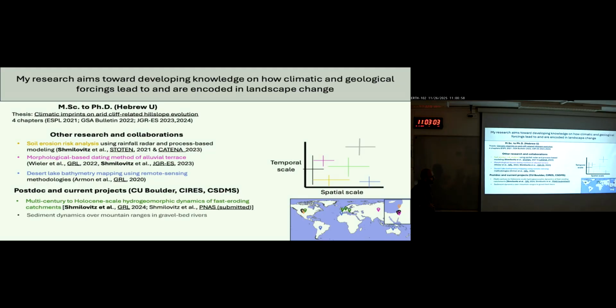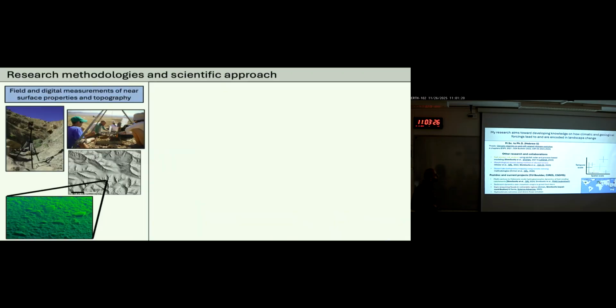And my two main postdoc projects cover fast-evolving landscapes during the Holocene, and also sediment transport in gravel bed rivers. These two will be the focus of the talk today, while I'm also still interested in cascading land surface hazards, with some active projects going on now.